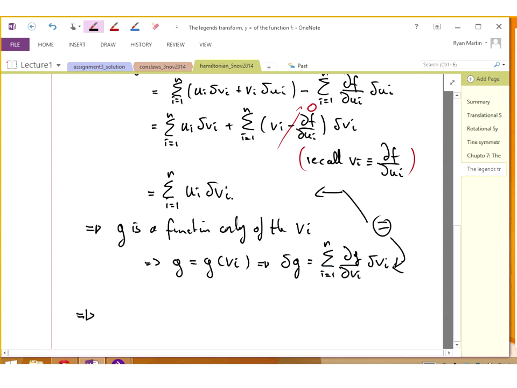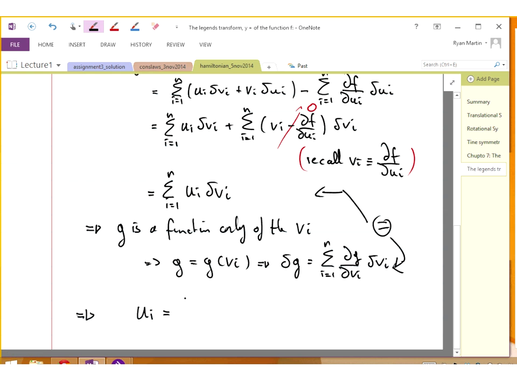So we conclude: if I look, both are a sum over i of something times delta v_i. So that something has to be equal. So we find that u_i is equal to the partial of g with respect to v_i.